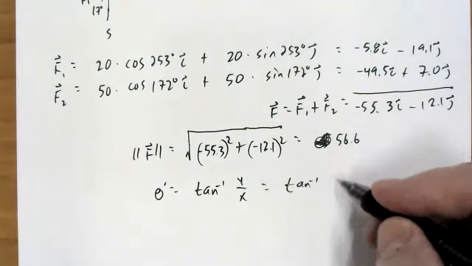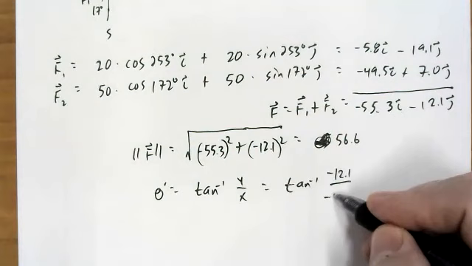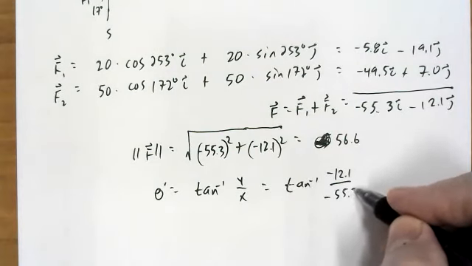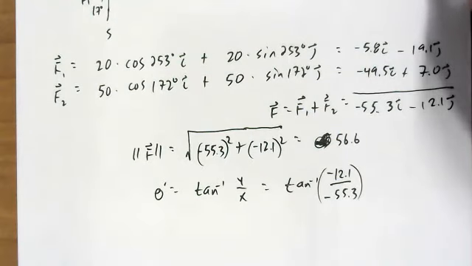My y or j part is negative 12.1, and the x or i part is negative 55.3. First of all, the numbers are going to be positive, so it's going to be 12.1 divided by 55.3. It's like 0.219. Inverse tangent.